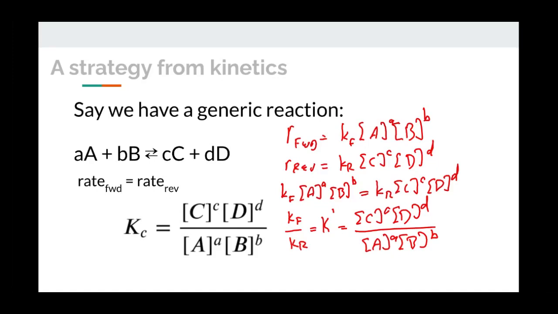That constant is what we call the equilibrium constant. And when it's in terms of concentration, we call it Kc. It's important, I think, to get in the habit of using a capital K here. I don't always remember to do that. But we want to distinguish between the rate constant and this equilibrium constant, because this is not the rate constant.